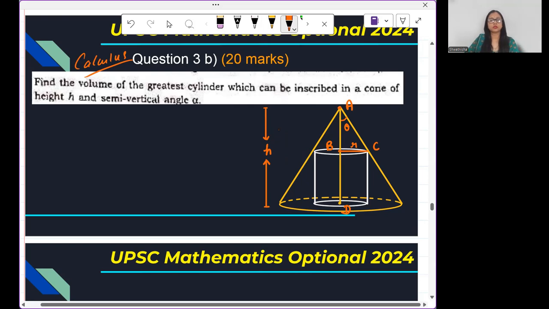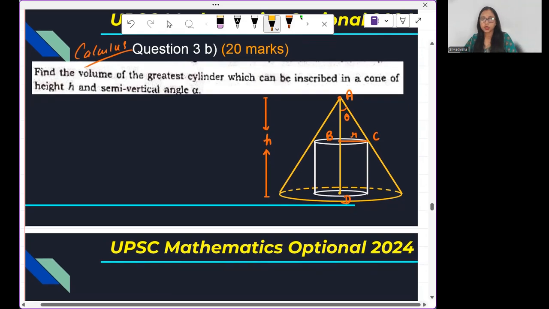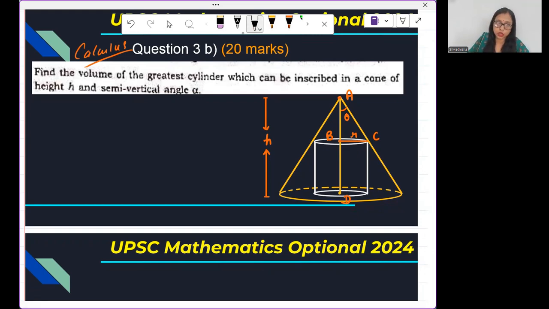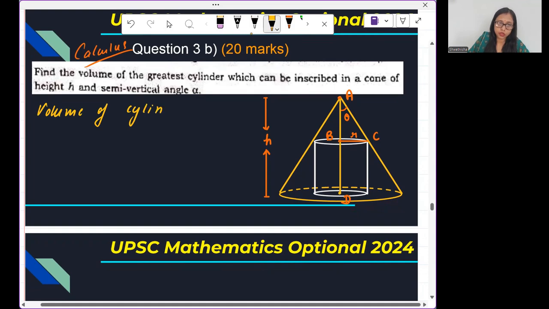H is given to be this. Now let's find it. We have to maximize the volume. What is the volume of a cylinder? Volume of cylinder is pi r square h.